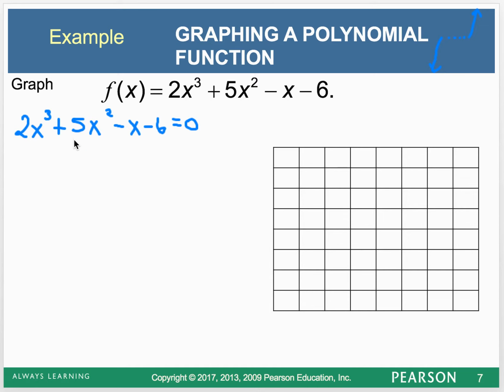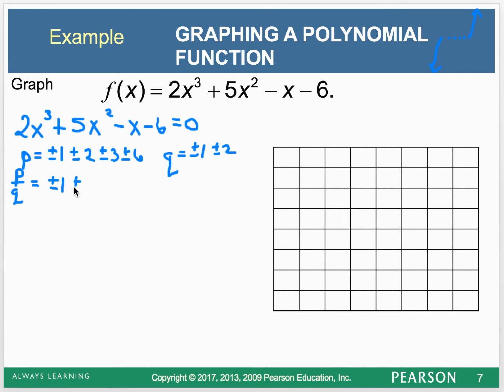How do I find these zeros? Well, I need my p's and q's. So p is factors of 6. Q is factors of 2. So my possible solutions are these numbers divided by these numbers.